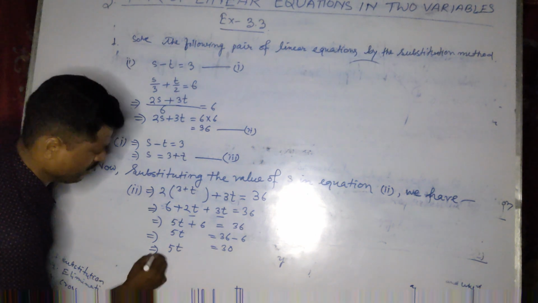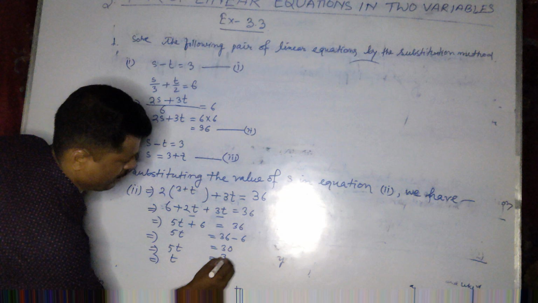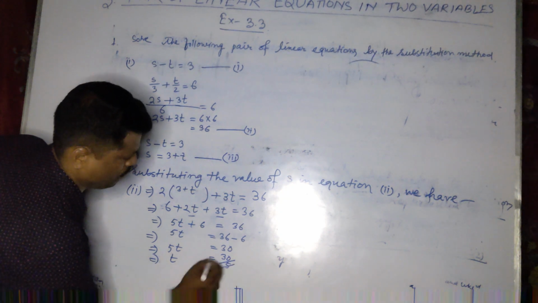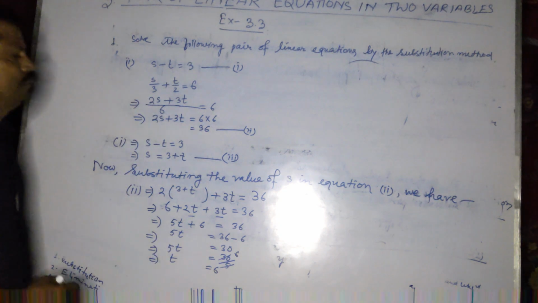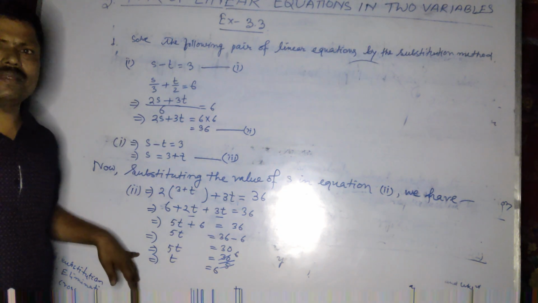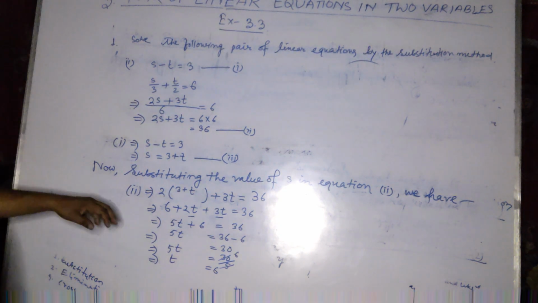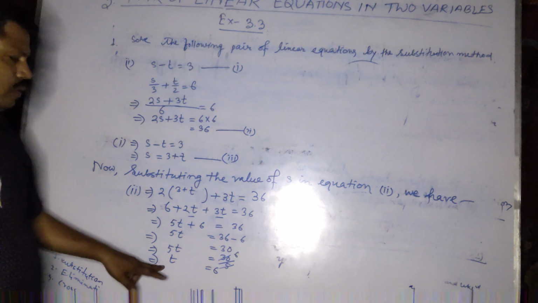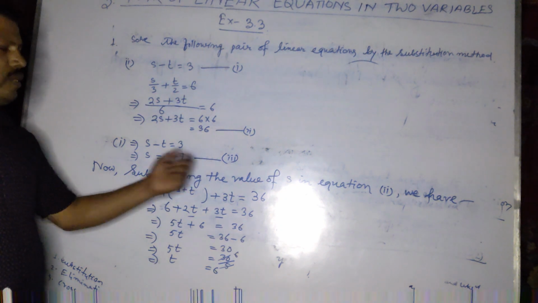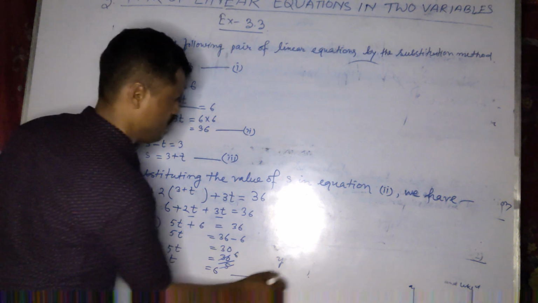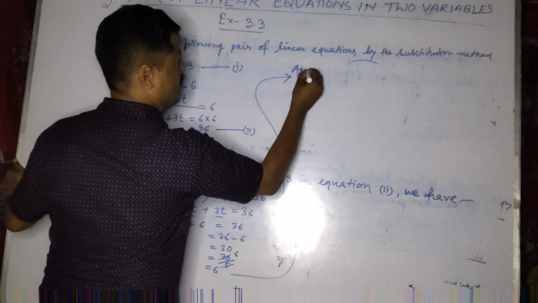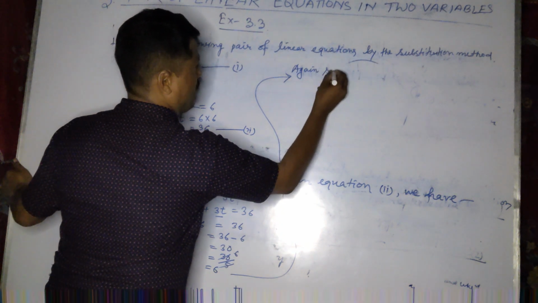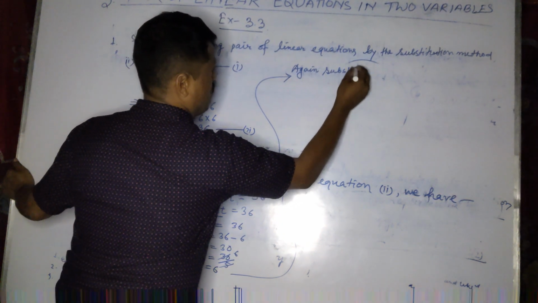Now t is equal to what? 30 divided by 5, 5 in 30 is 6 times, so the value of t is 6. Now we have to substitute the value of t in equation 3.